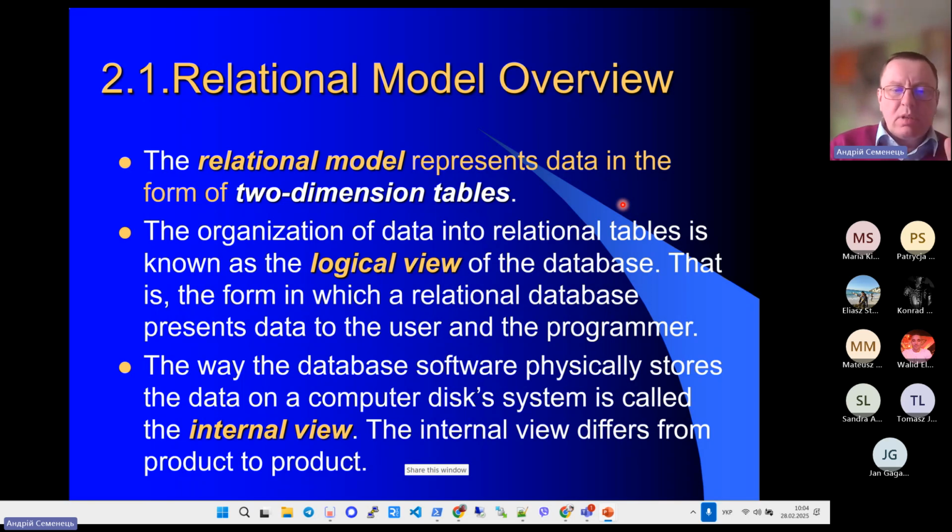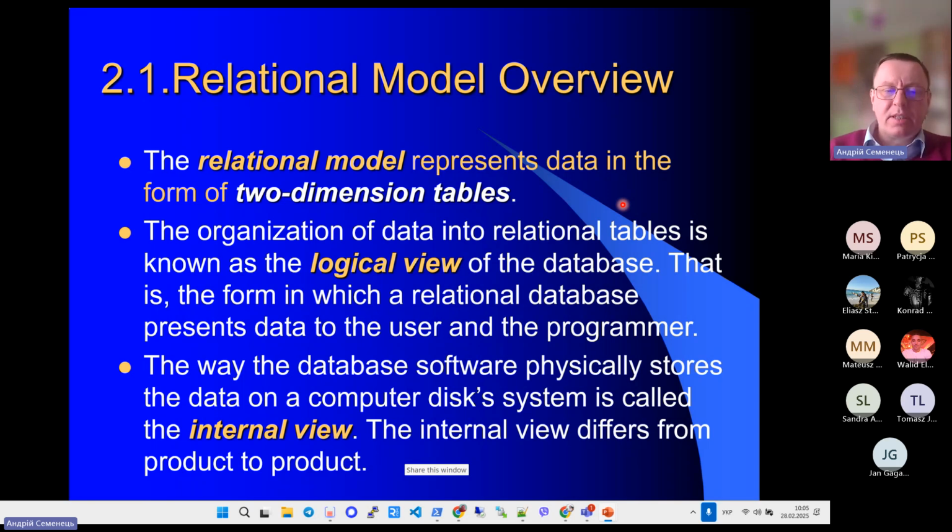They have to know the logical structure of the database, and they have to know specific features of, for example, the programming language of the RDBMS, and it will be enough to manage any relational database.